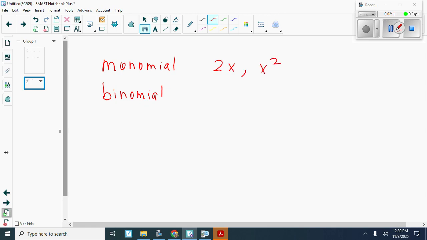X squared would be a monomial. A binomial means that there are two terms connected by an addition or subtraction. For example, x minus 2 would be a binomial because there's a subtraction, and that's why we use brackets to separate our binomials from our monomials. When you simplify, you have to simplify a binomial with another binomial.